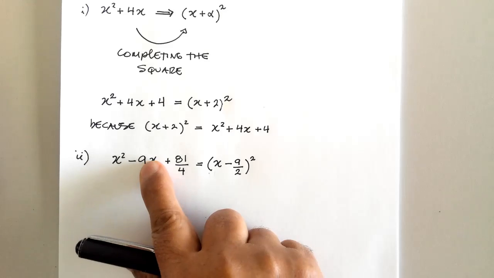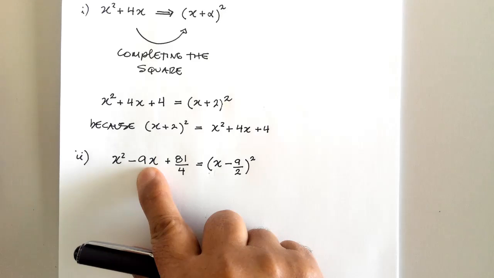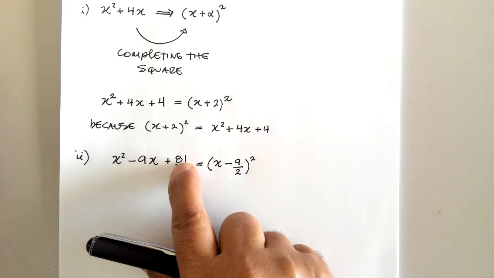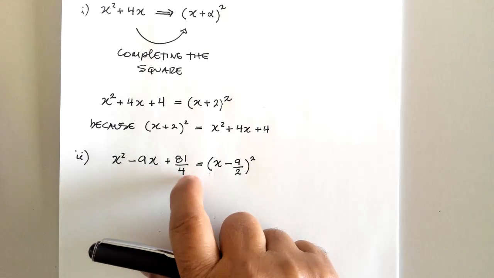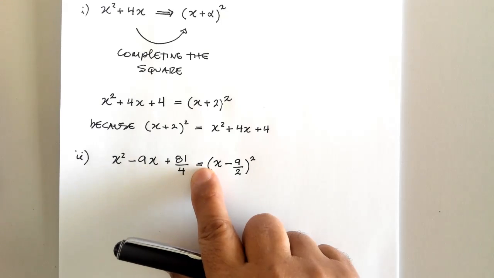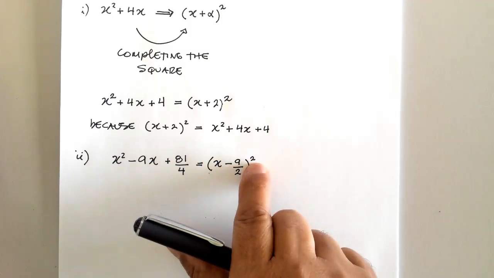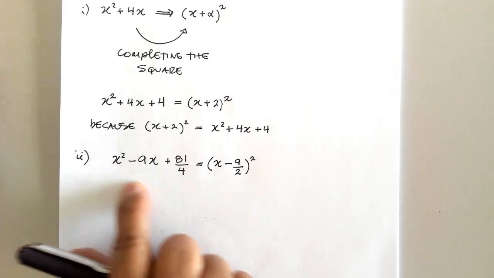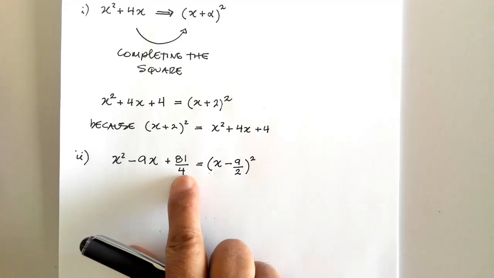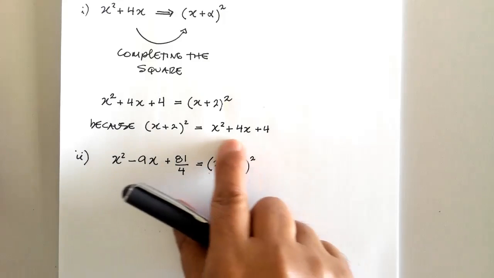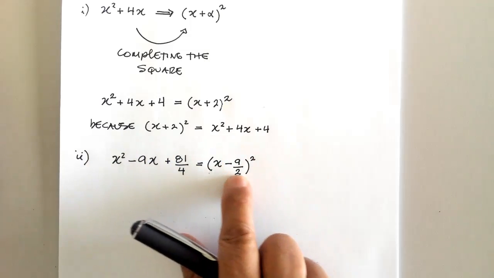You divide 9 by 2, which is 9 over 2, and then you square that. 9 squared is 81, and 2 squared is 4. Then that is equal to x minus 9 over 2 in brackets, squared. So in here we found the missing term, and not only that, we created a perfect square. We call this a perfect square.